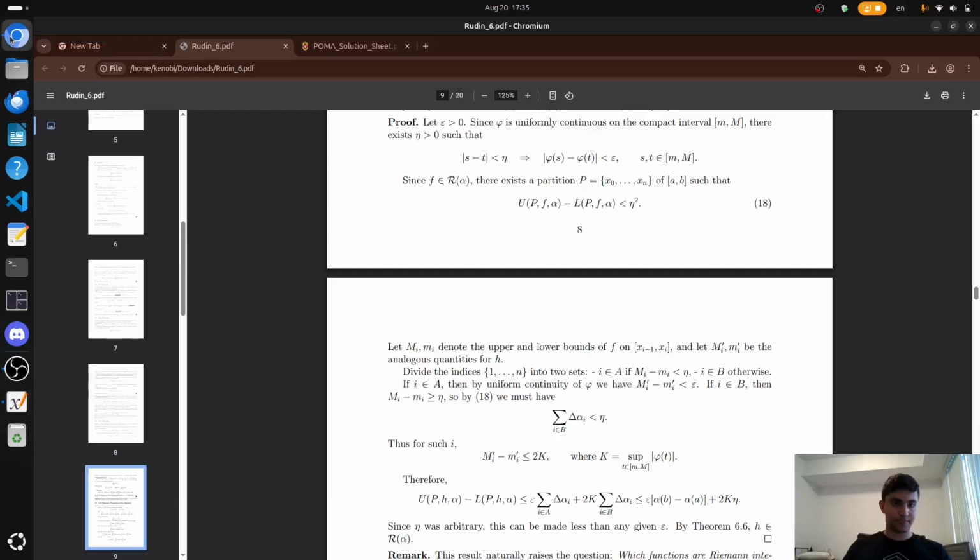Yeah. So that's how we get this inequality over here. And notice the strategy was to square this so we can divide it later on and get this inequality over here. And again, we know that Mi prime minus mi prime is less than or equal to 2k, where k is equal to the supremum of phi t.